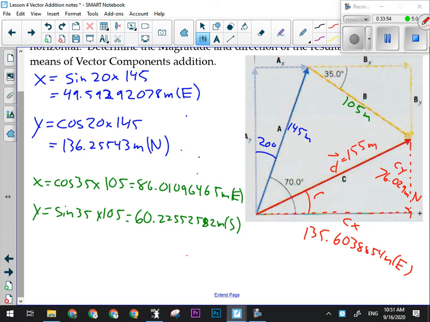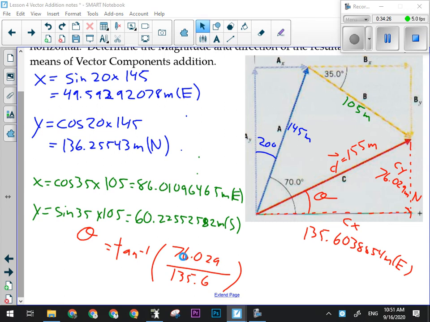Okay, and now I need to find its direction. I can use any trig function I want at this point. I know all 3 sides. I had to do equal amounts of calculating to get them all. Okay, I'm just going to use tan because it's my favorite. So theta will equal tan to the minus 1 of the opposite side for my angle, that's 76, divided by the adjacent side, 135.6. Obviously, I'm going to put all the decimals in my calculator when I do that calculation.